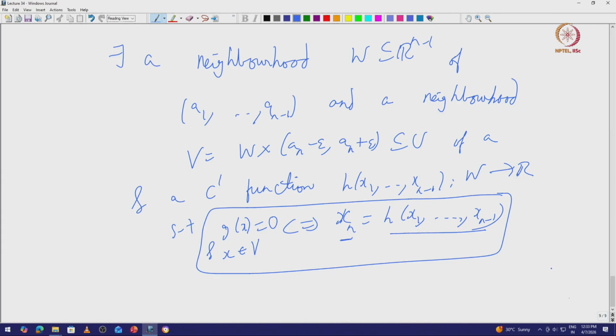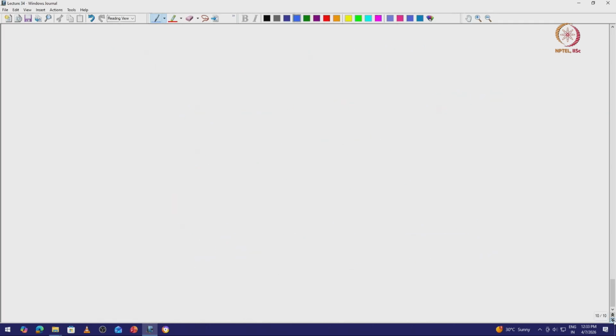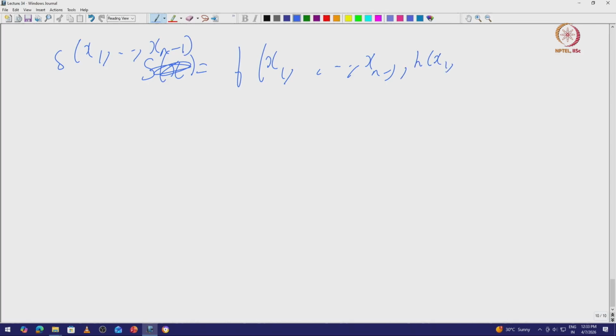How does it help? If you consider this function s of x1 to xn minus 1, defined as f of x1 to xn minus 1, comma h of x1 to xn minus 1, that is, you have solved for the last variable.